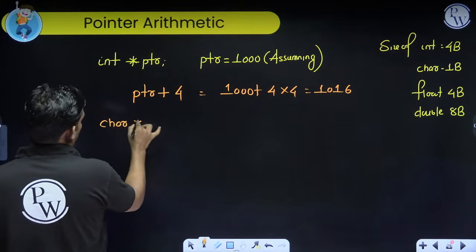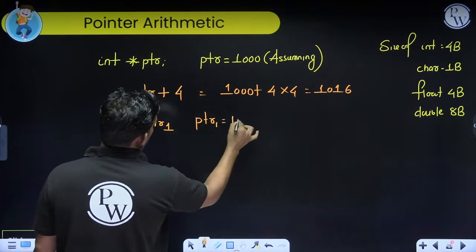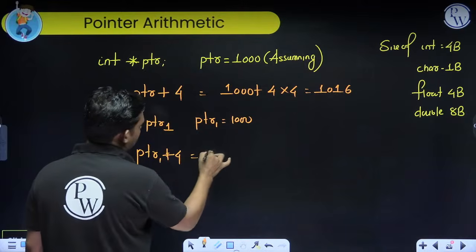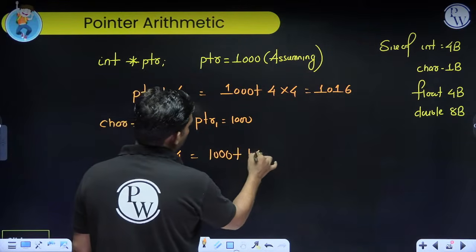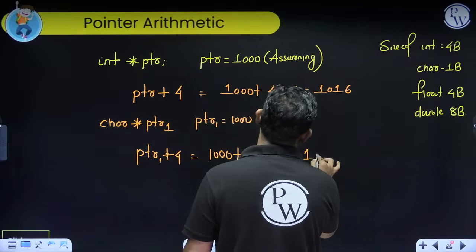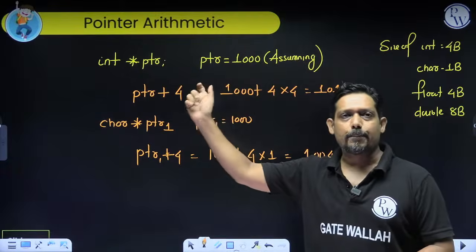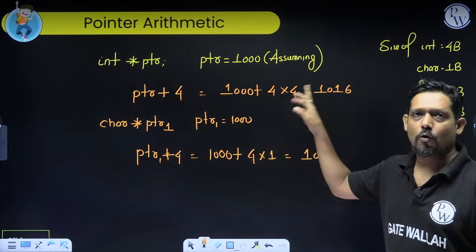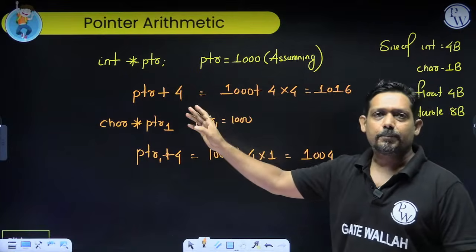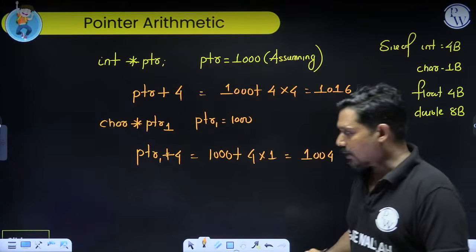If it is a char pointer ptr1, also assumed to be 1000, and I say ptr1 plus 4, then it is 1000 plus 4 into 1, and that becomes 1004. It doesn't add the 4 directly; we have to apply 4 into the size of the data type.